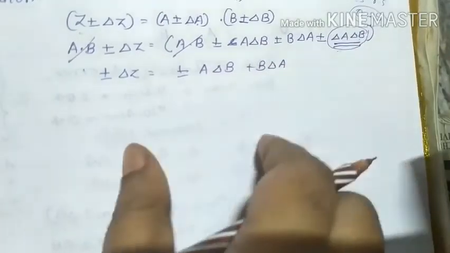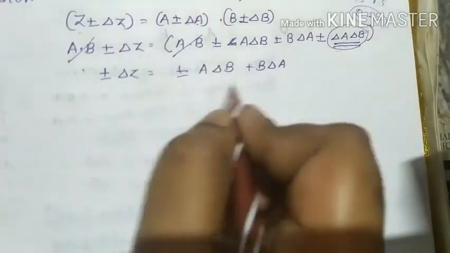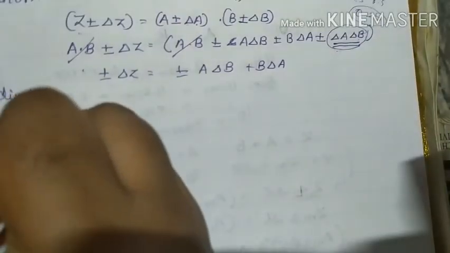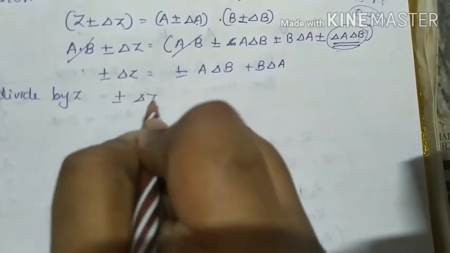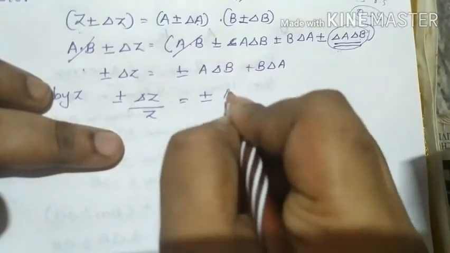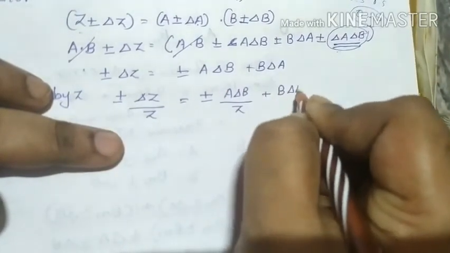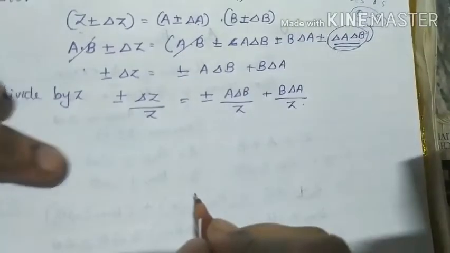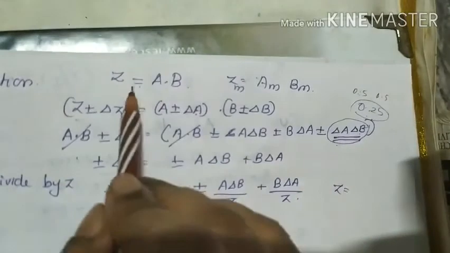Now we are going to introduce an extra step, guys. Let's divide throughout by Z. So it will be plus or minus delta Z divided by Z, equal to plus or minus A delta B divided by Z plus B delta A divided by Z. Now in place of Z, I am going to write AB.